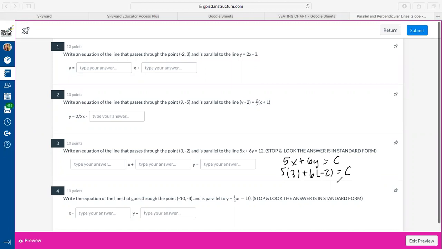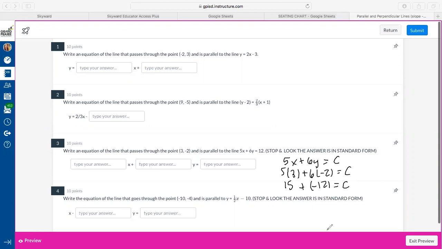Is it 20? No, you have to get 20. We multiply 5 times 3. Okay, that's 15. No, 5 times 3, 15. You did 5 plus 3. Oh, shoot. 5 times 3 is 15 plus 6 times -2 is -12.